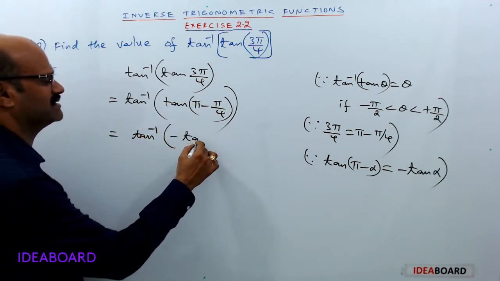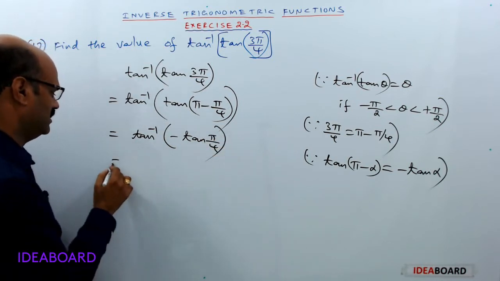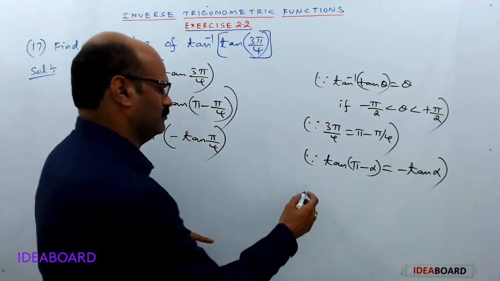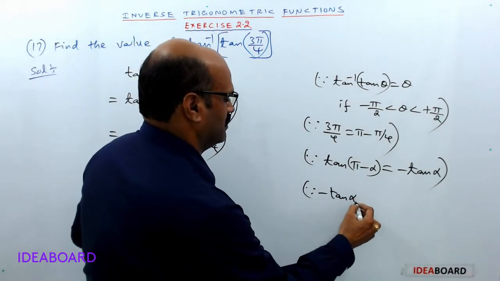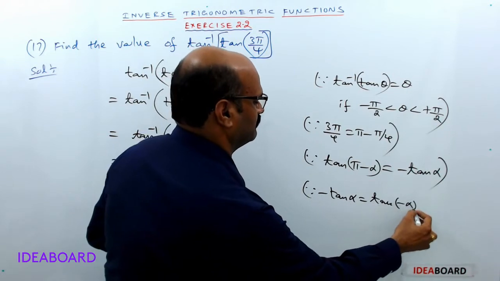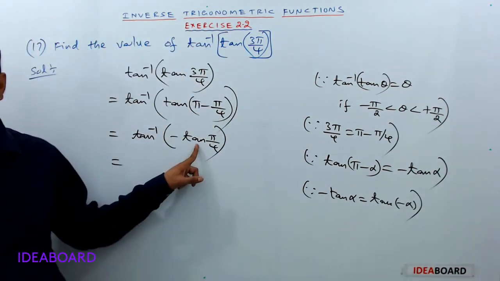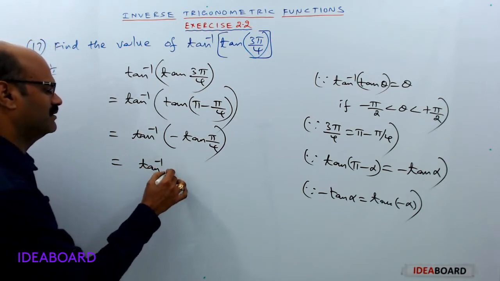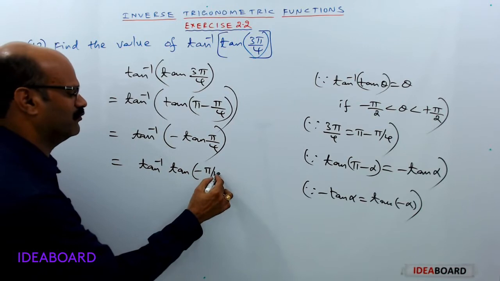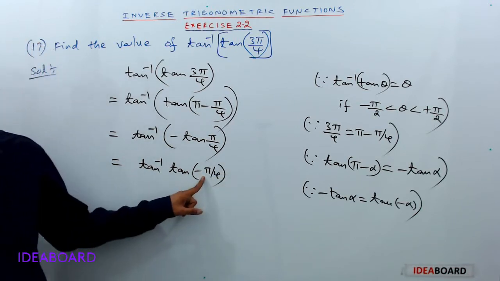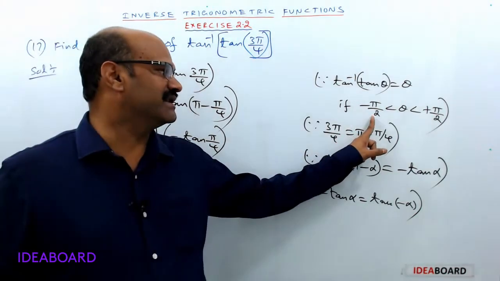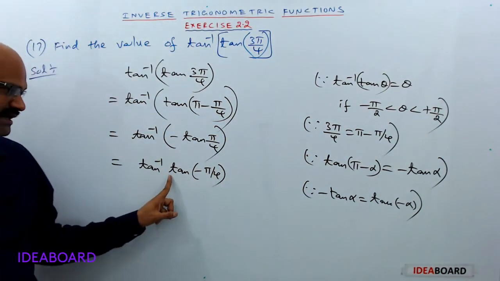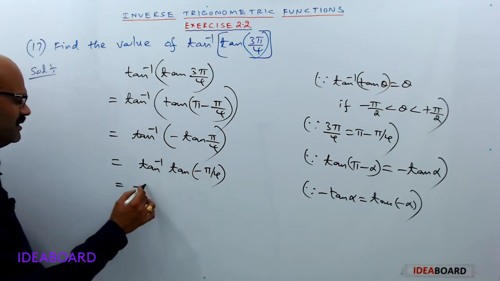Tan inverse of minus tan pi by 4 equal to, minus tan alpha equal to tan of minus alpha. So this can be written as tan of minus pi by 4. Tan inverse of tan of minus pi by 4. Clearly minus pi by 4 lies between minus 90 and plus 90. So it can be written as minus pi by 4.